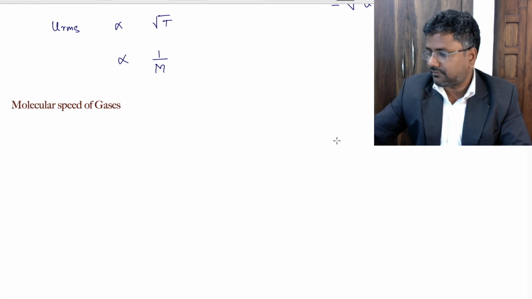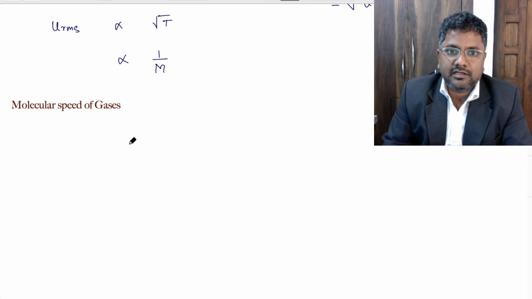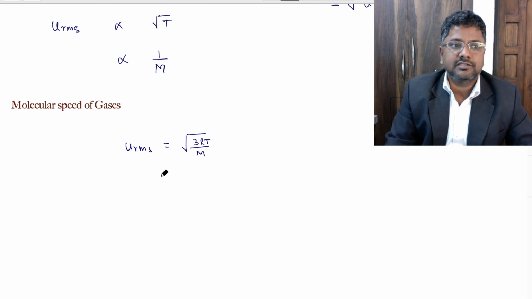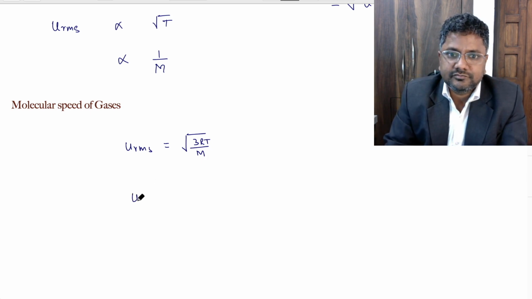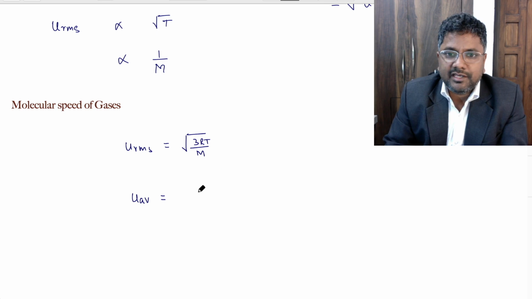Molecular speed of gases. One is U RMS, root mean square speed, which is equal to under root 3RT by M. Another is average speed, which is under root 8RT by pi M. M is the molar mass.